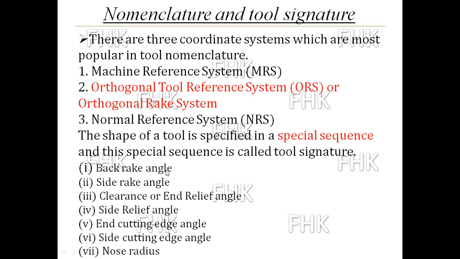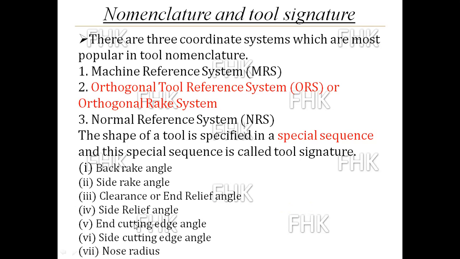Okay, how is the tool specified in the ORS system? First, the back rake angle is defined. The second value is the side rake angle. The third value is the clearance or end relief angle. That means the first two are related to rake angle. The next two are related to relief angle, the end relief angle and side relief angle.